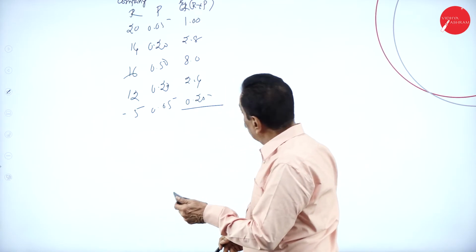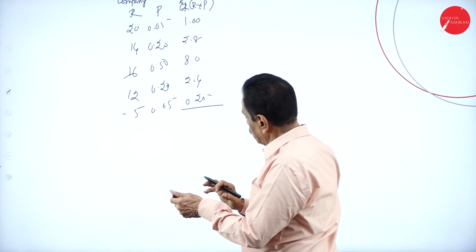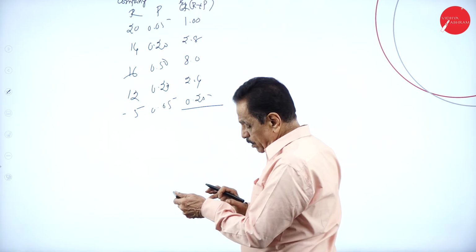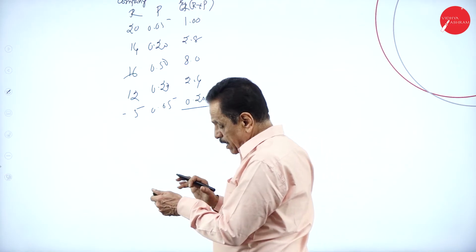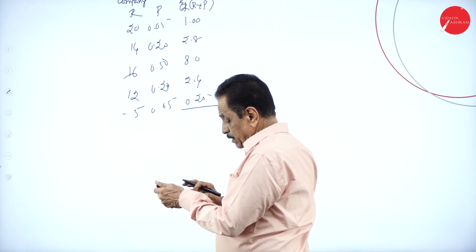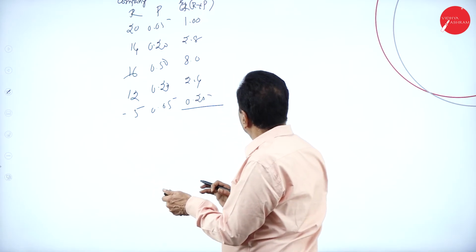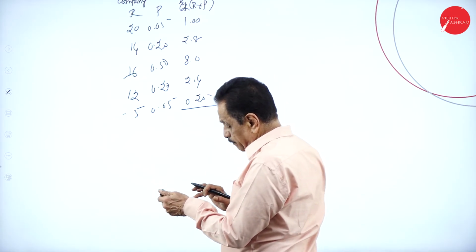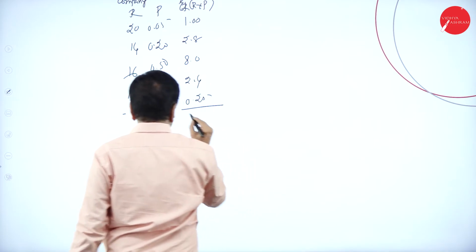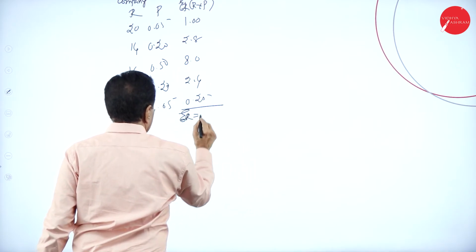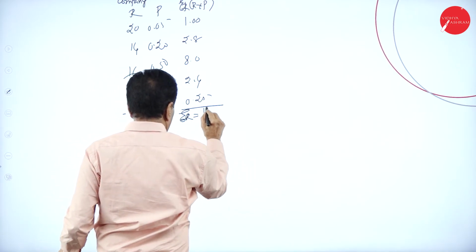Add the figures: 0.25 plus 2.4 plus 8 plus 2.8 plus 1. Expected return 14.45.